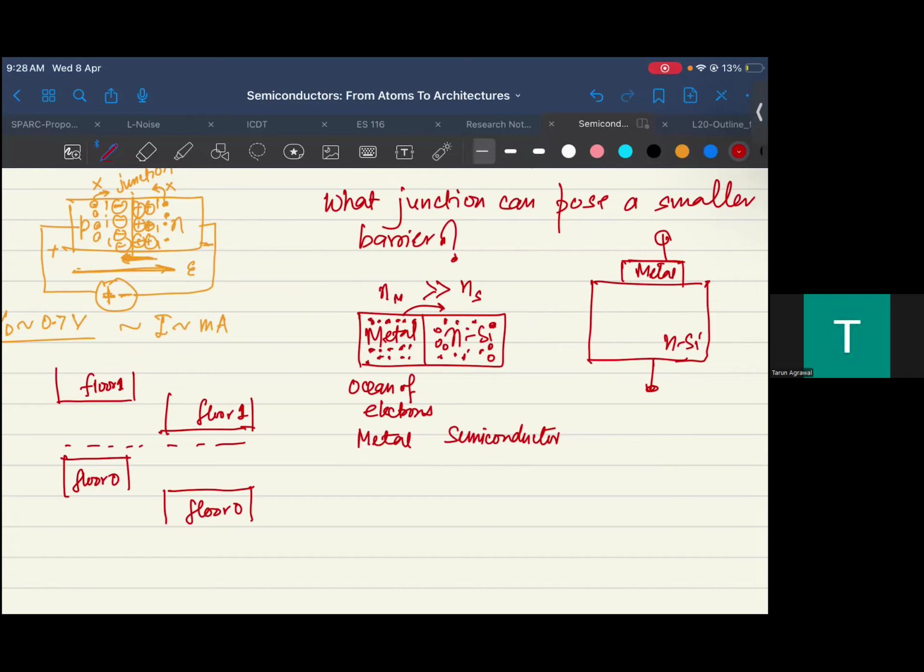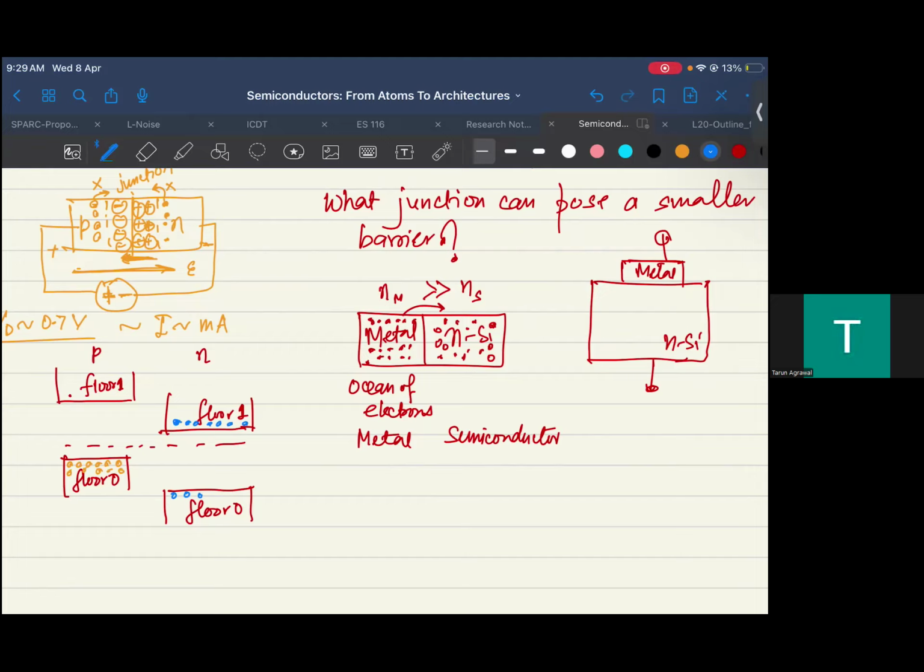And when you connect them, this part connects. And then what you see is, because this guy has a lot of holes, this is P type, this is N. When this has a lot of holes while very few electrons, very few, the other side will have more electrons because it's an N type. So you have more electrons and very few holes, right?